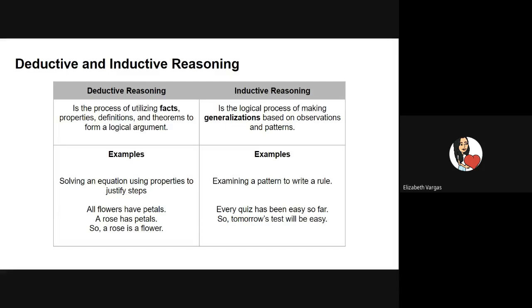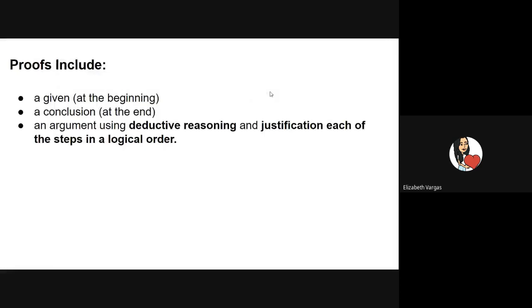Okay, any questions about this? Okay. And so today we're going to get into proofs, and proofs use deductive reasoning. So they use cold hard facts, theorems, which we've seen a couple so far, definitions, etc. Every proof begins with a given. Our given always comes in the beginning, and then it ends with a conclusion. The conclusion is always what we're trying to prove.